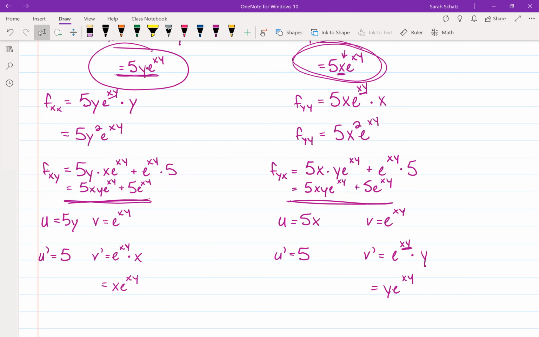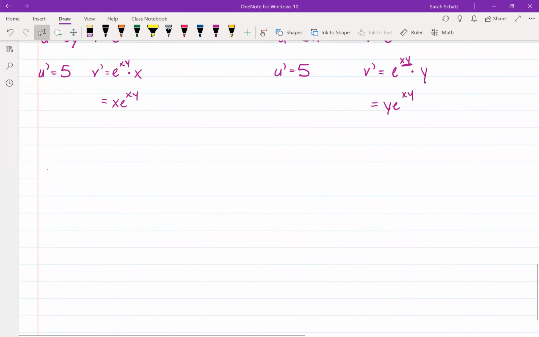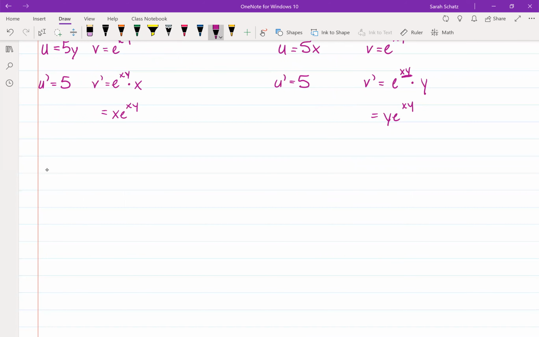So that was fun. We're going to just do one more. We need to look at a natural log. All right, so let's say that f of xy equals the natural log of, actually, I'm going to put this in absolute values, and I'll tell you why in a minute. x plus 2y.